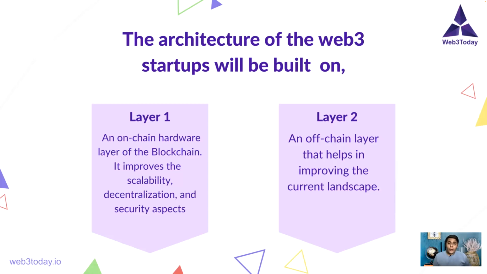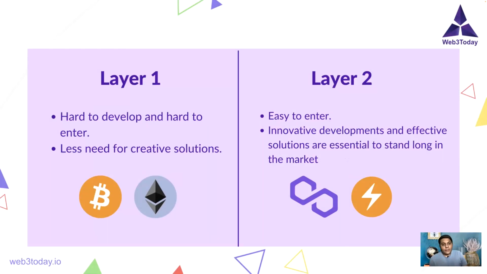Polygon is a layer 2 blockchain built on top of Ethereum, and at the same time Polygon enhances the computational power and transaction capabilities of the Ethereum blockchain, because layer 2 blockchains use their own proprietary software and architecture, and they complement the infrastructure of the layer 1 blockchains. The entire objective of layer 1 blockchains is mainly to provide the infrastructure that is actually required to scale and process.